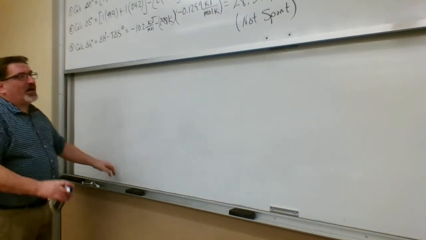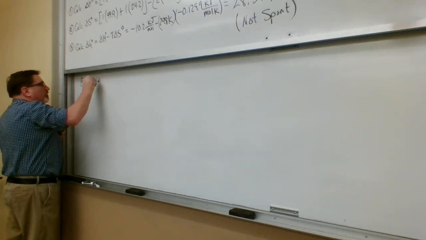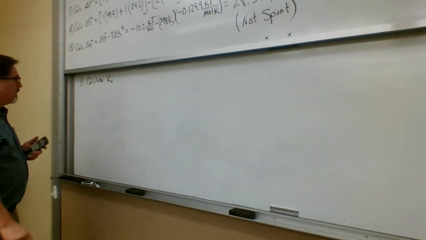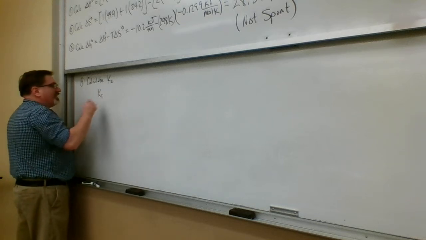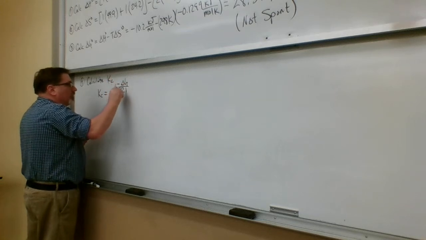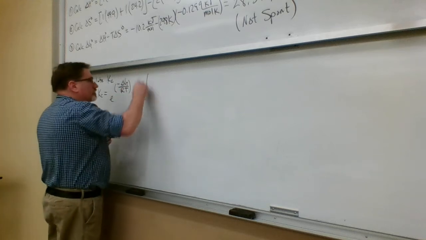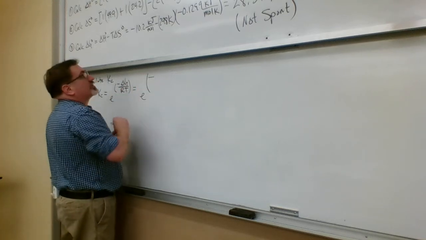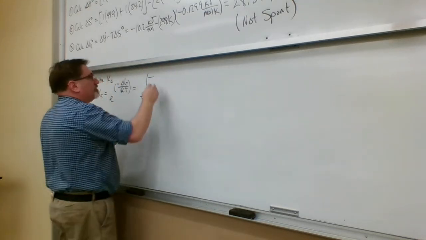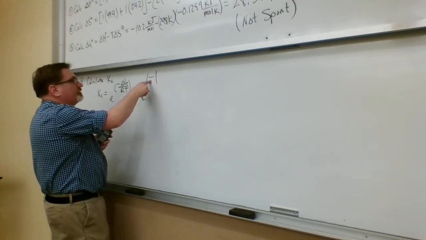All right, next up we're going to calculate K. So calculate Kc. Kc was equal to e to the power of minus delta G over RT. So that's e to the power of minus delta G was plus 28.51 kilojoules per mole. This negative stays because it's part of the formula.